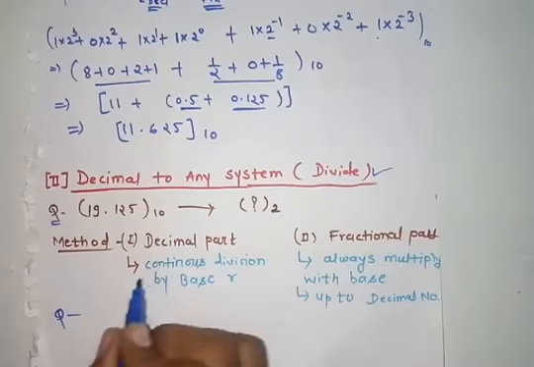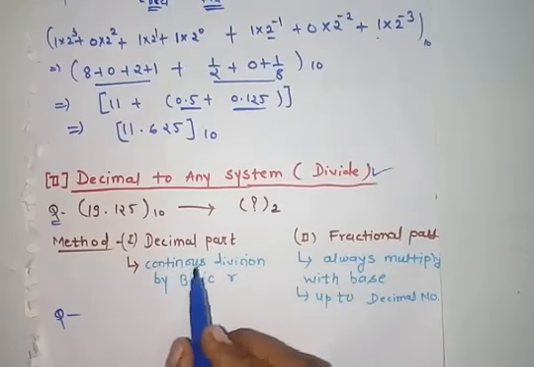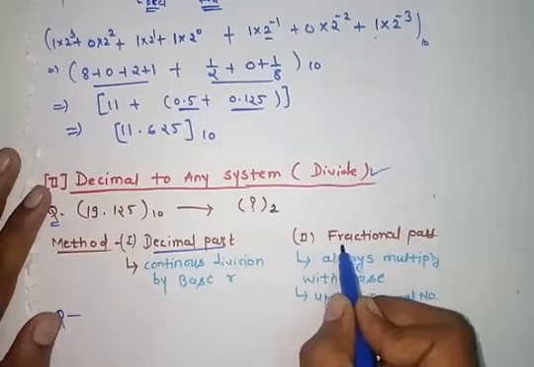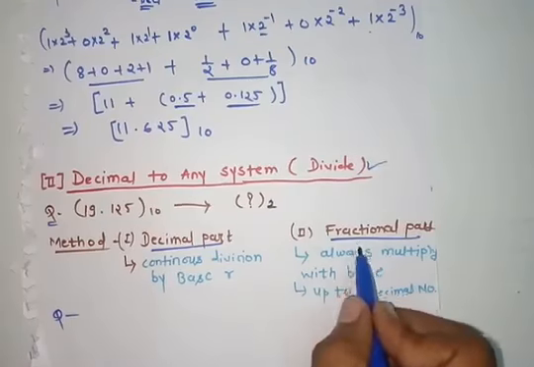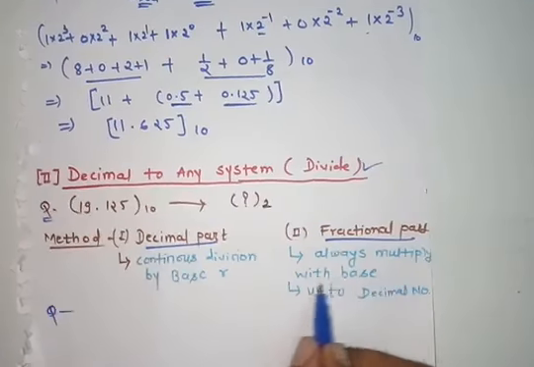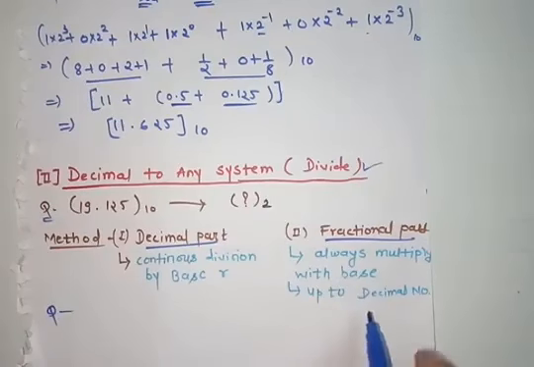First of all, consider the decimal part, then consider the fractional part. For the decimal part we continuously divide by base r, and for the fractional part we multiply with the base up to where we get a decimal number.